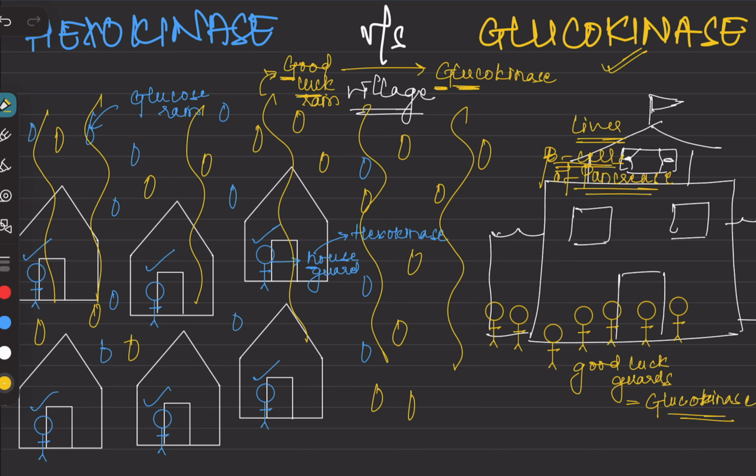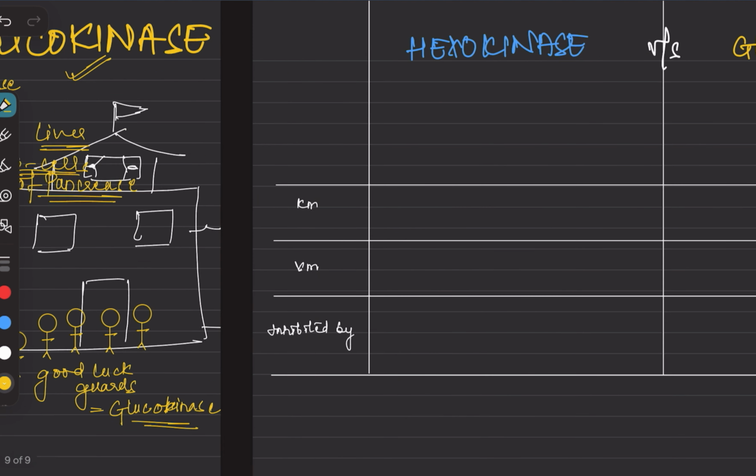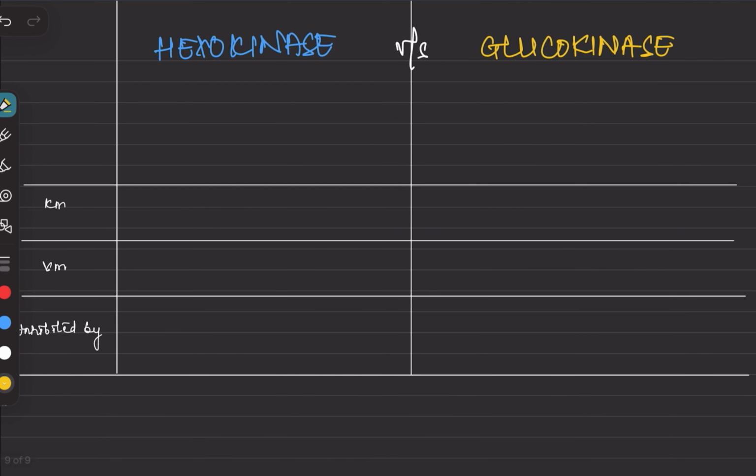Now let's dive into the technicalities to understand the differences and to solidify what is actually needed in the exam. So again, a review. Hexokinase, H, so this is our house guard. House guard meaning it is there in all cells of the body.